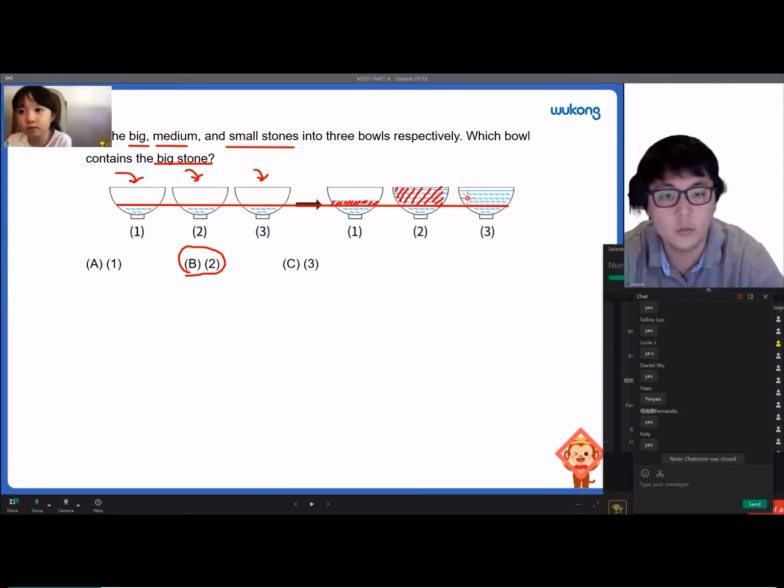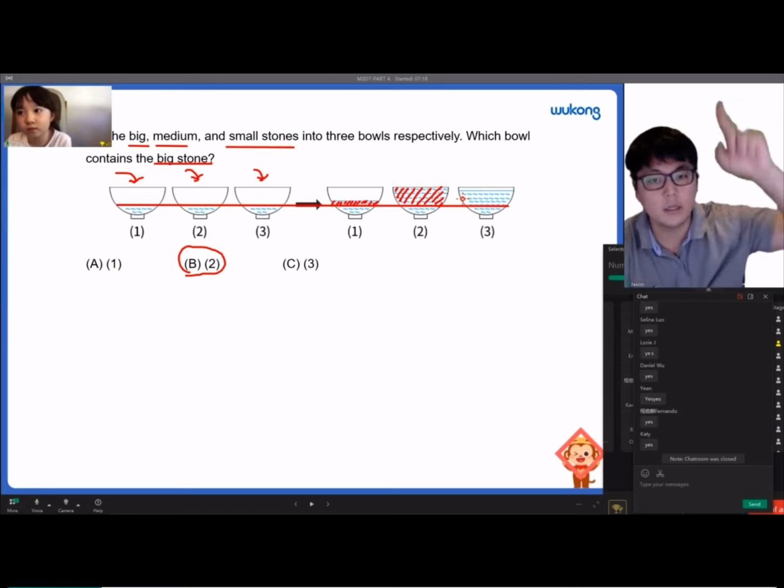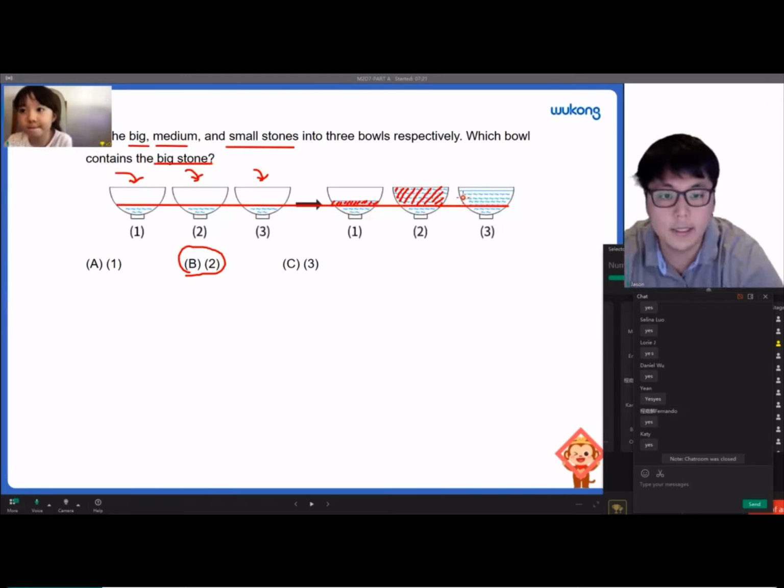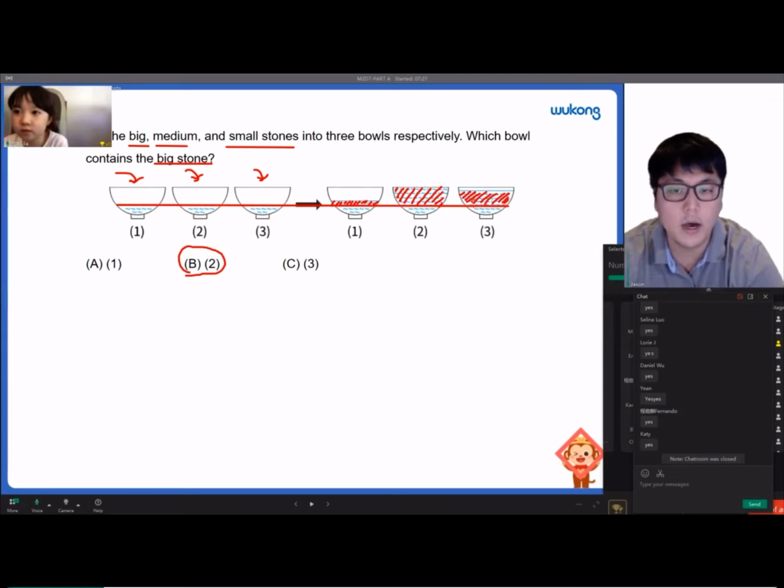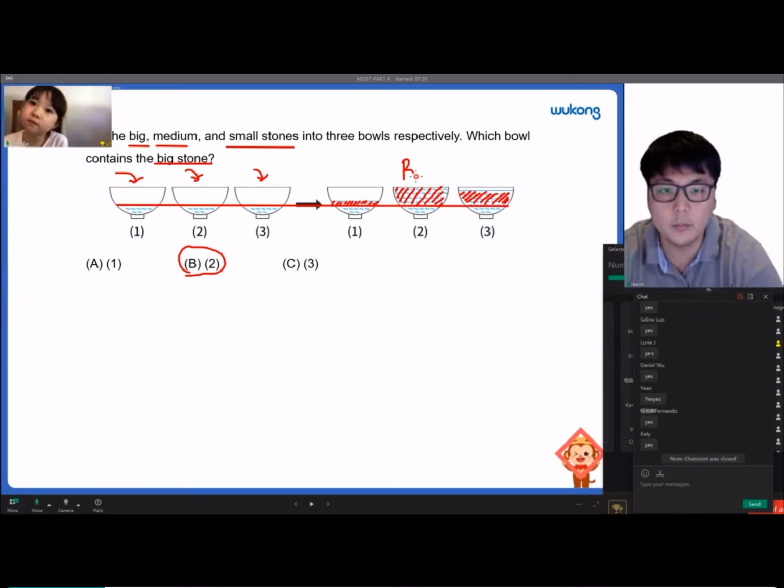Compared to the other ones, the water level went up really high. And number 3 went high, but not as high as number 2, but still higher than number 1. So you think number 2 has the big stone?